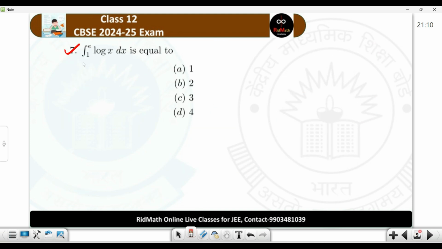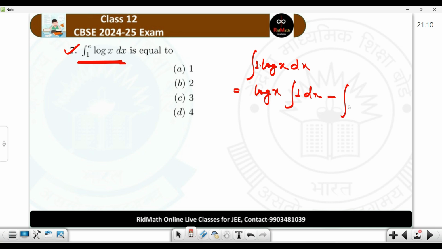Question number 7. Integration 1 to e log x dx. So you know that this integration is done by using by parts. So let us do log x dx. So this is 1 into log x. That means log x into 1 dx minus d dx of log x integration 1 into dx whole integration dx.